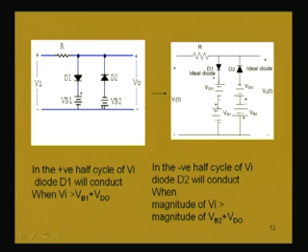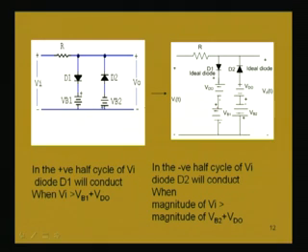So, it will depend now on the polarity and the magnitude of the input voltage when the diodes will be conducting. In order to conduct, if we consider a positive half cycle of the input voltage, when this point is at a positive potential than this point, then diode D1 will be conducting when this point P is at a higher potential than this point N. Now, what is the potential of this point N?